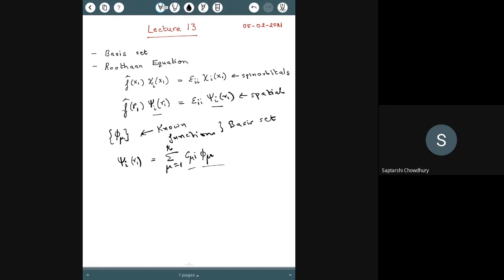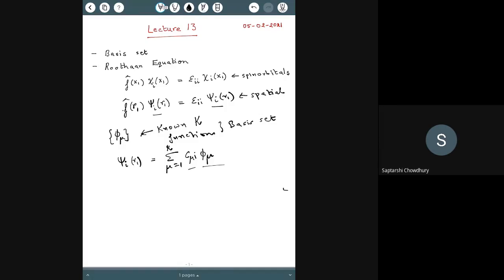So once I have a basis set, the problem of determining an unknown function is reduced to the problem of obtaining the set of coefficients c mu i. And here we have a set of k phi mu's, which is flexible. The number of occupied molecular orbitals is fixed at n.